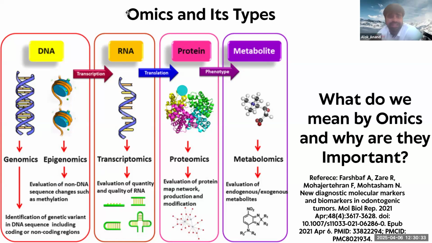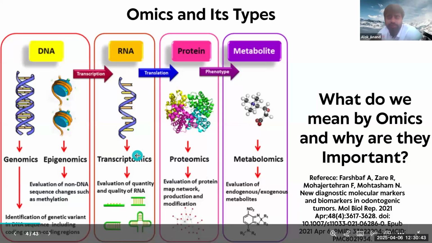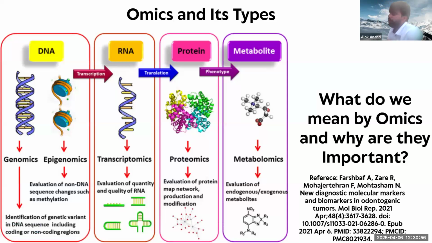So then we go to the RNA level. This DNA then gets transcribed to the RNA. This process is named transcription. At the transcriptomic level, you are required to evaluate the quantity and quality of the RNA. So definitely, what is the quantity in which a particular gene is expressing?